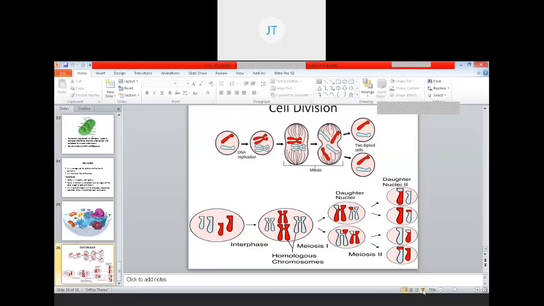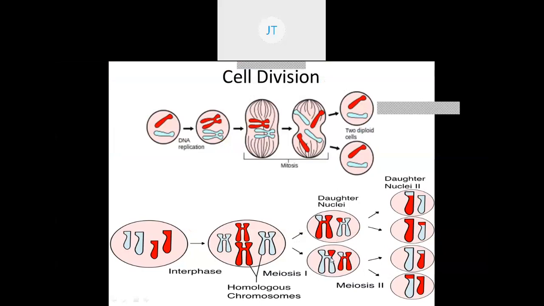Now, on the other hand, in the case of meiosis, the first part of meiosis is the same as here: DNA replication takes place in the same manner. But now here we show you two pairs of chromosomes.